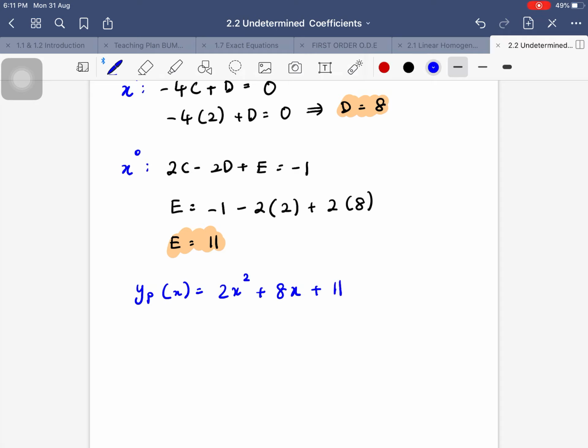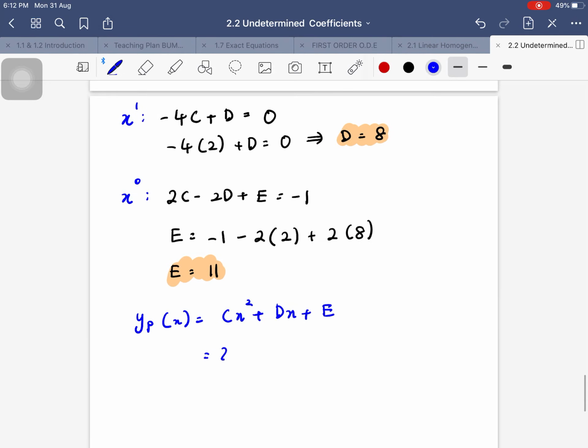So that is going to be the yp of x. Let me put this in detail for you. My yp is given by cx squared plus dx plus e, and when I substitute, I'll end up with 2x squared plus 8x plus 11. So that will be the yp.